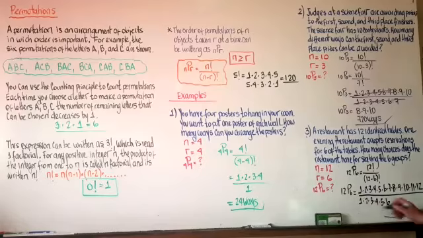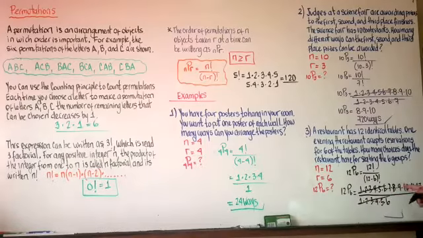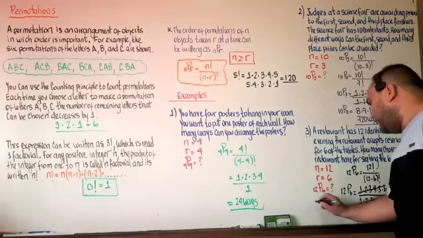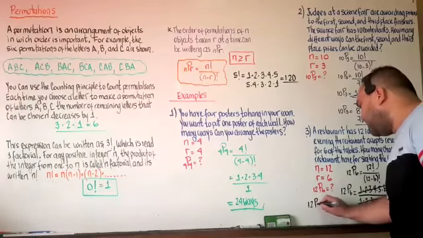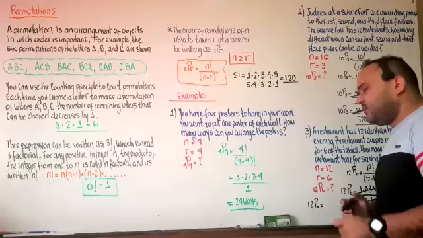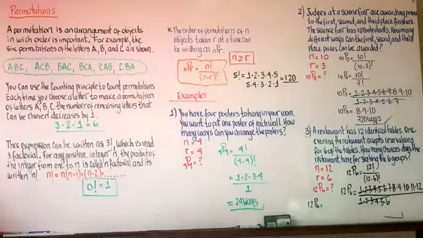So we can cancel the numbers 1 to 6, and this permutation will be the product of 7, 8, 9, 10, and so on. For that reason, I'm going to write here 12 permutation 6, and I'm going to give you the answer.